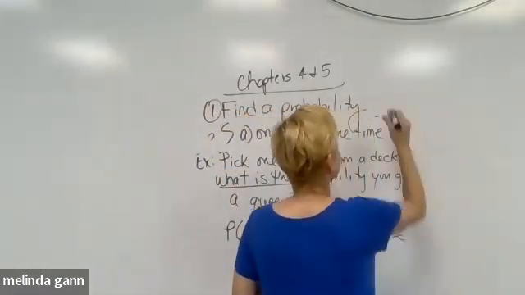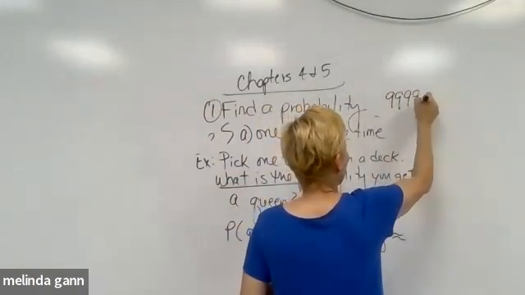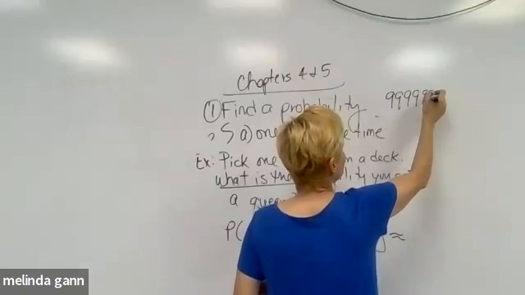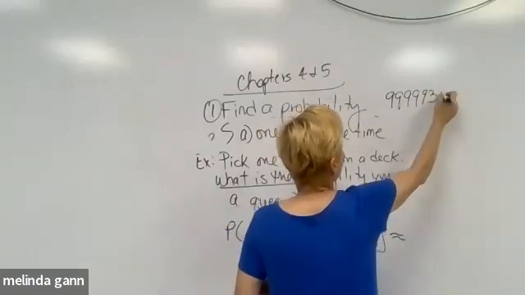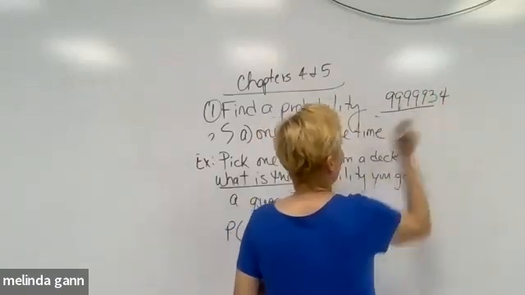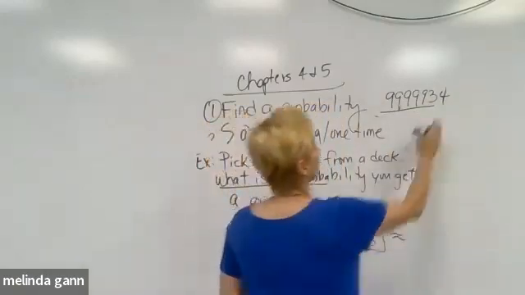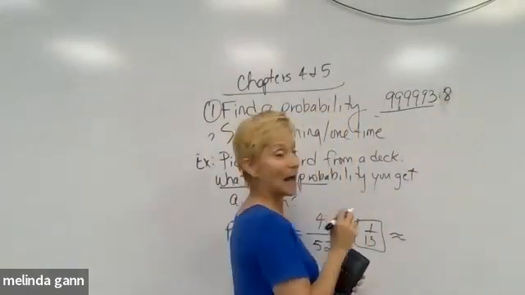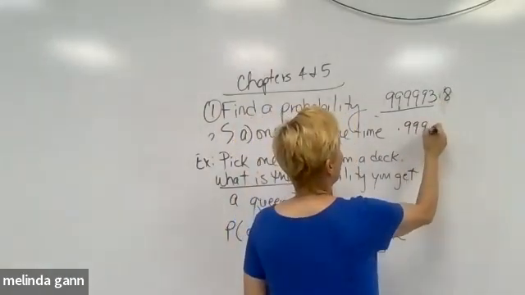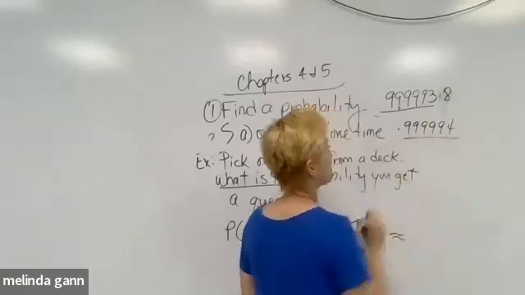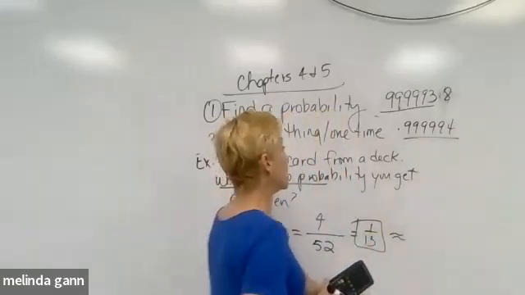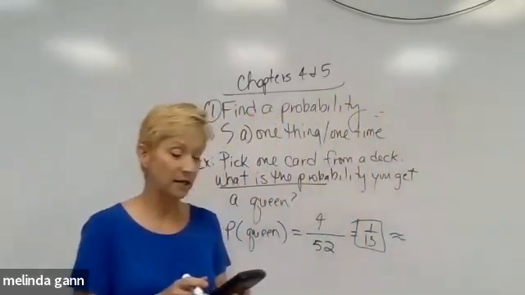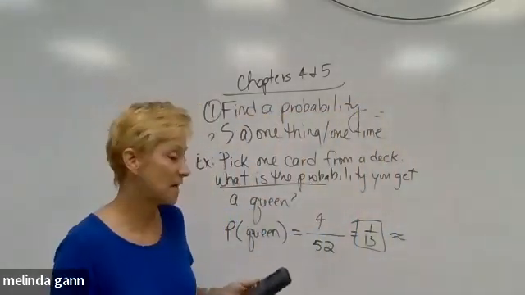So if it was 0.999993, I'm going to have to go all the way out to there. Or if this was an 8, I could put 0.999994. Okay, that's good. So round it at least 3 or 4 decimal places, but don't round to 0 or 1.